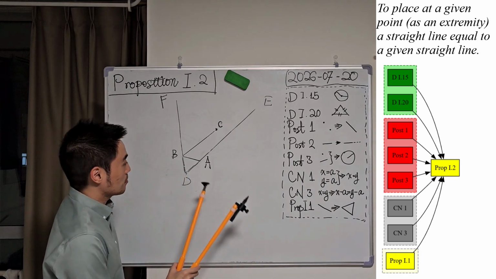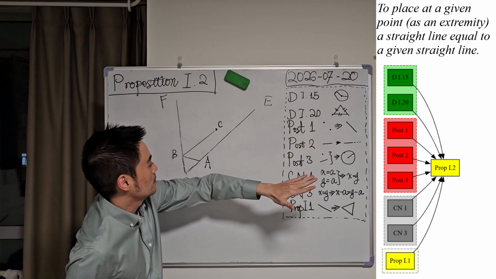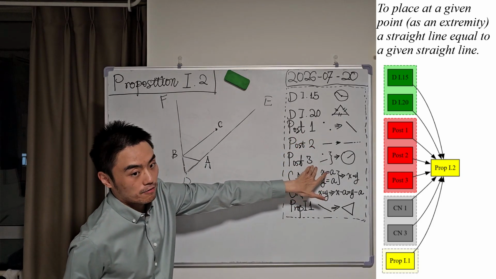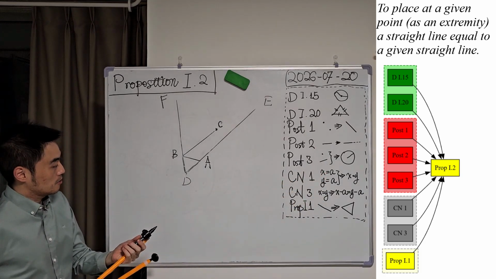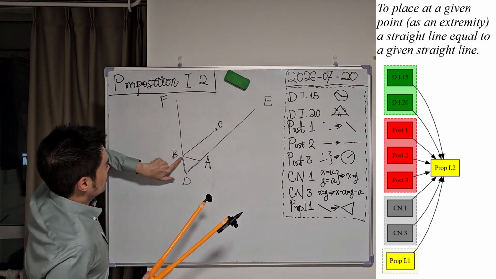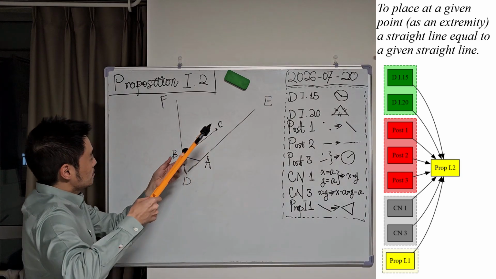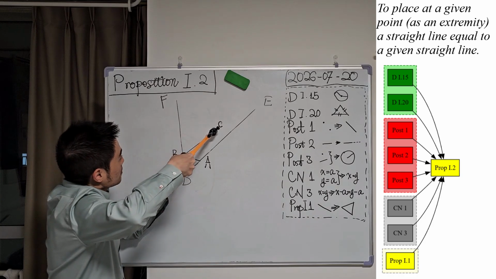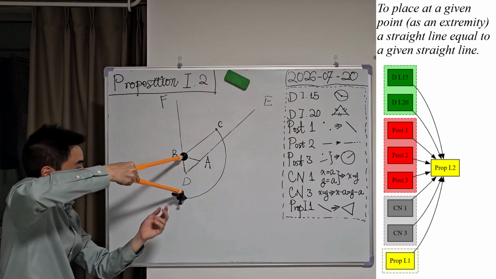Okay, then the next step, we are able to construct or describe a circle with a given point and radius because of postulate 3, right? So let us describe the first circle. We use B as a center and BC as a radius to construct a circle.